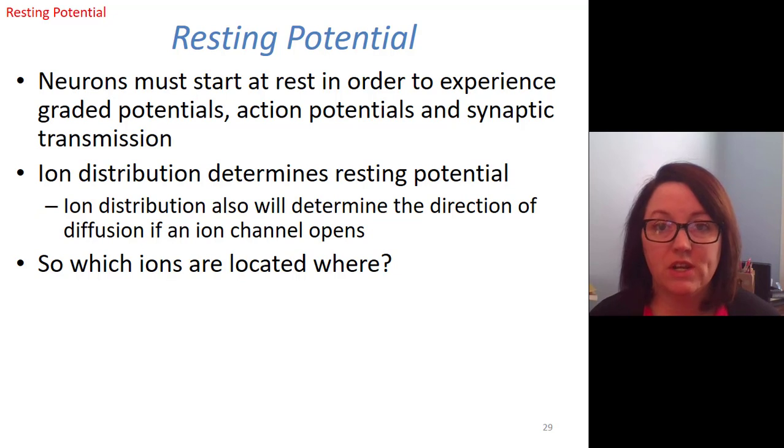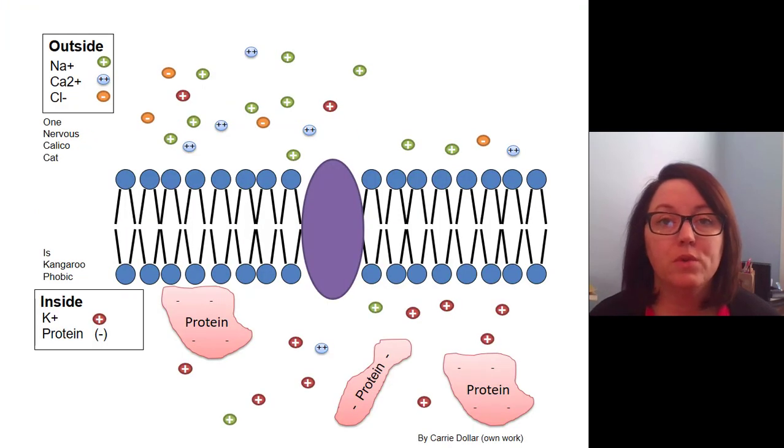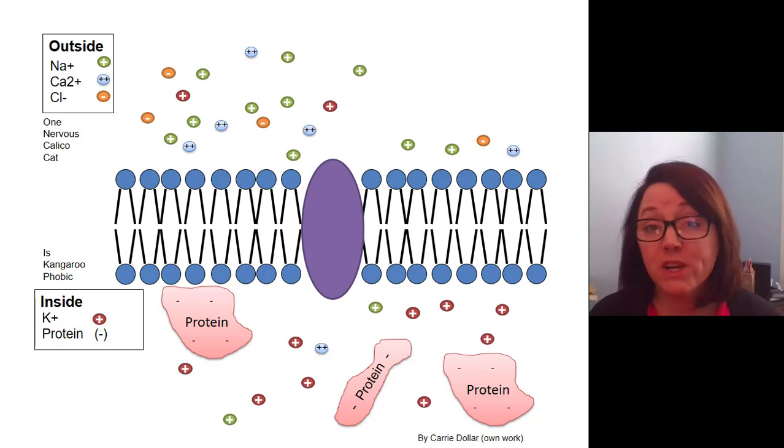So in order to understand all of this, we really need to know which ions are located where, okay? So the main ion players in neural activity include sodium ions, calcium ions, chloride ions, potassium ions, and then proteins, which are a large negative ion. So this picture kind of sums up what you need to know, okay?